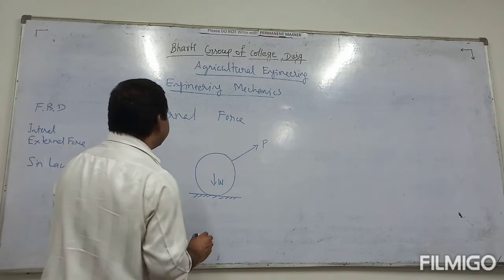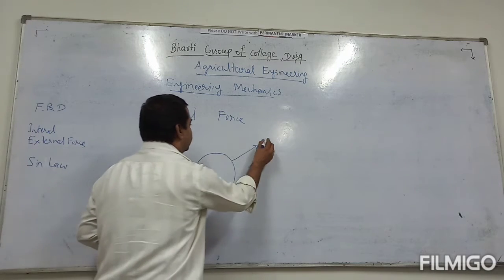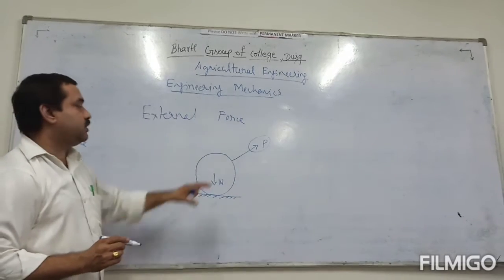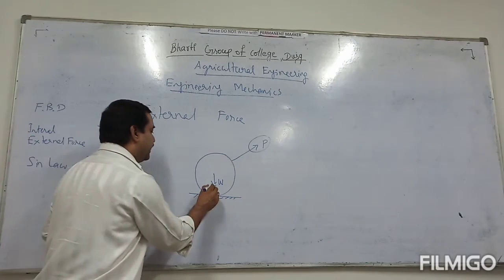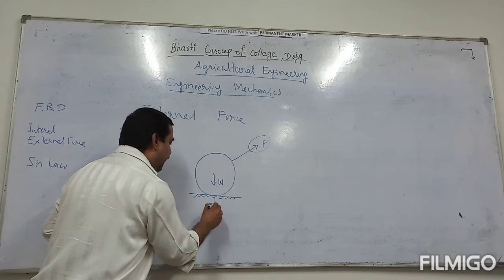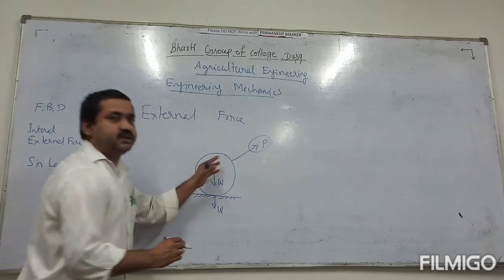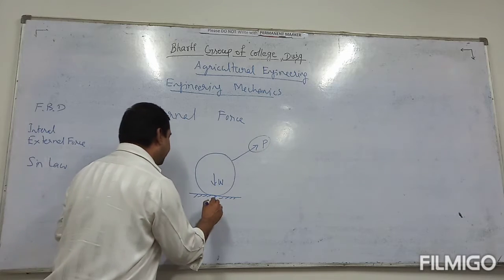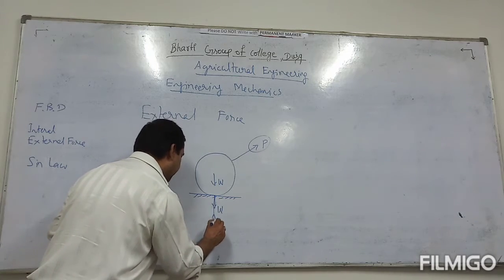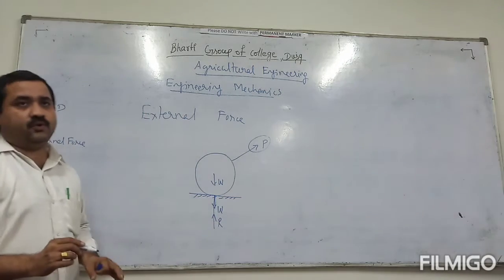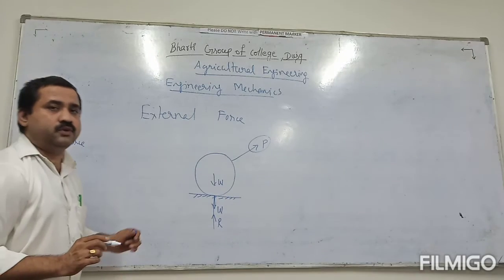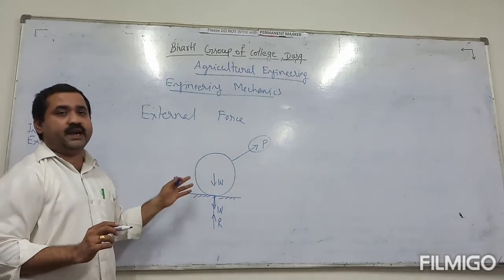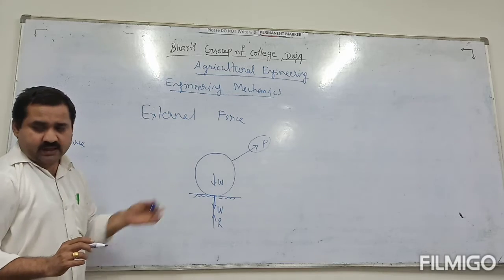So this force P is an external force, working outward on the body. This weight W is also an external force because it is also acting from outside, and the reaction is also an external force. So you can find the internal and external forces very easily.